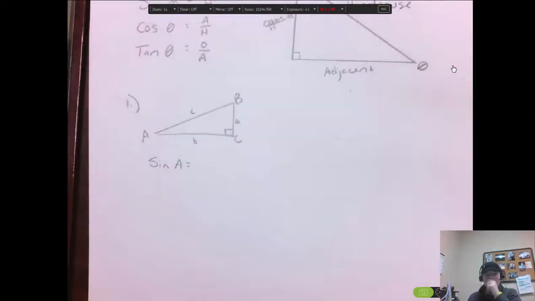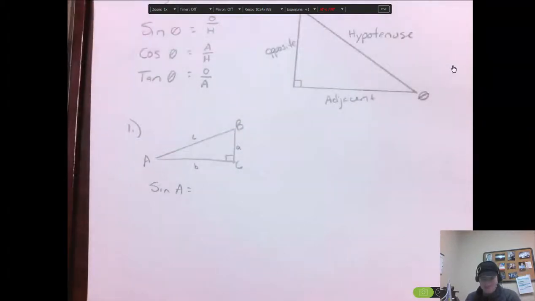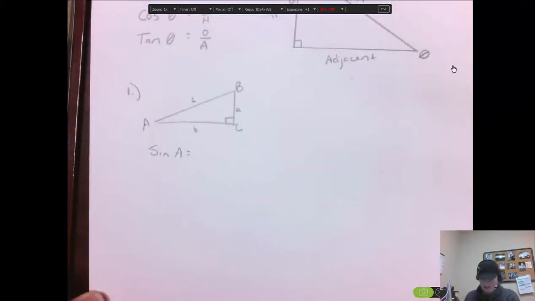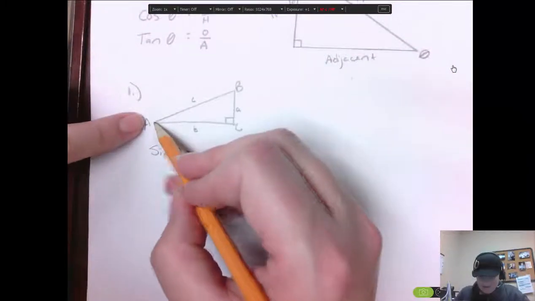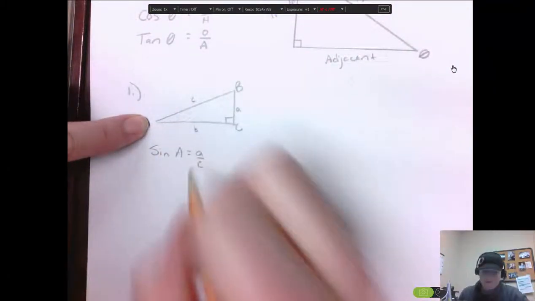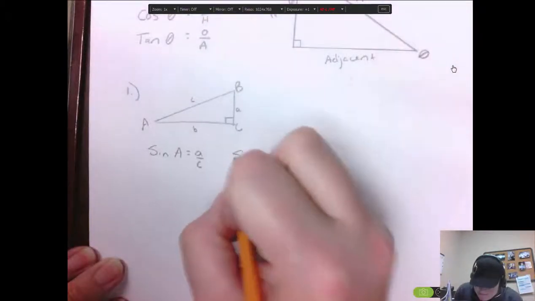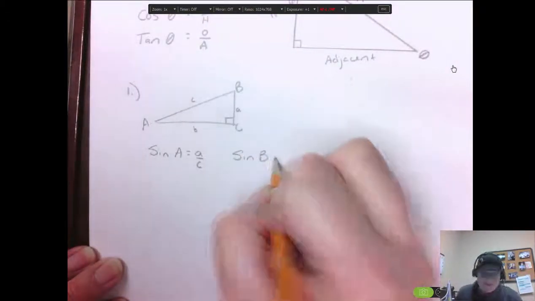All right, so we know sine is opposite over hypotenuse, and it's going to form a fraction. So A is here, so opposite is A, and hypotenuse is C, so the sine is A over C. Now they may have put numbers in there for you or letters, but you will do a couple problems where you're just defining what is sine of A or what is sine of B. So sine of B is not the same, right?